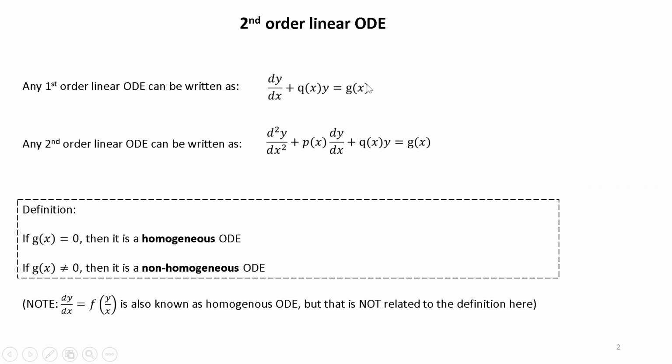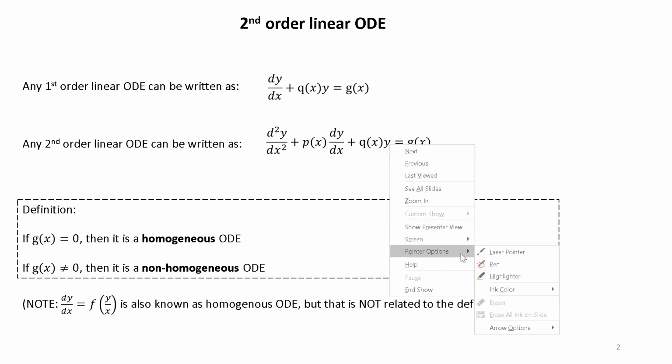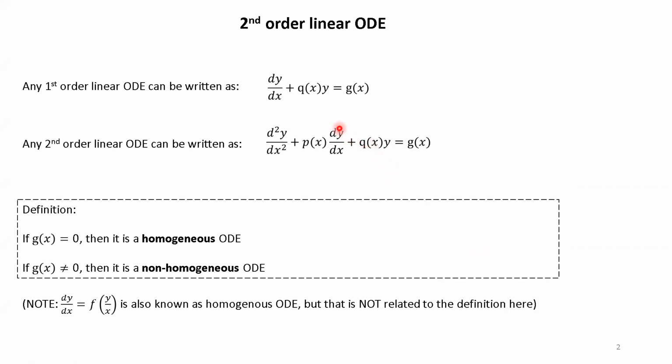Remember, this is the general form for the first order linear ODE, and this is the general form for the second order linear ODE. It's linear if the whole expression can be expressed as a linear polynomial of y and its derivatives.